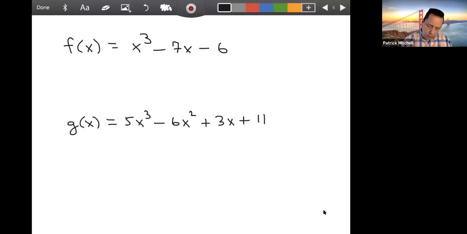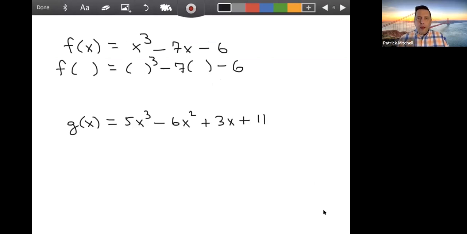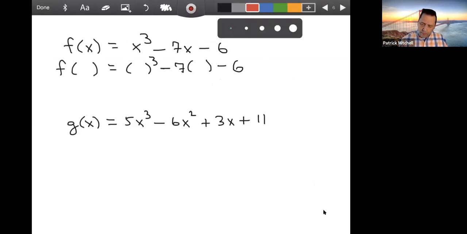I like to write them without the x and then fill in the x afterwards. Okay, so in the first problem, we are replacing x with negative 2. So I am going to put a negative 2 there.